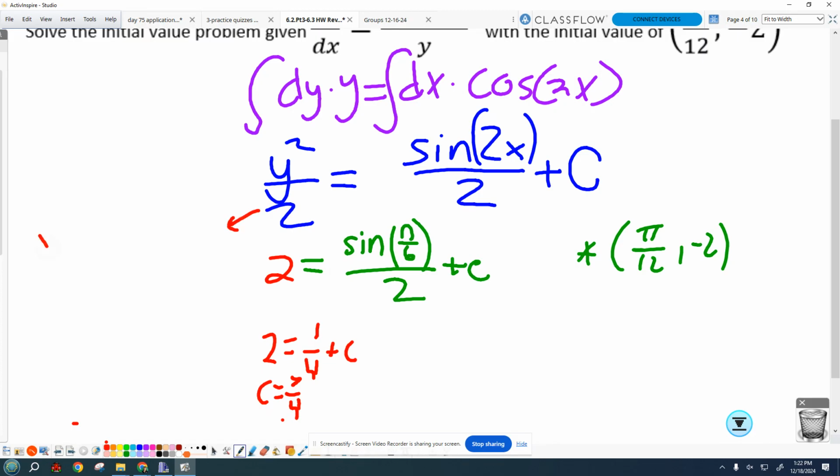Here, if I just randomly multiply everybody by 2, and I am not going to multiply C because I don't have to yet, but if I plug in that coordinate now, negative 2 squared equals sine of pi over 6. You shouldn't square root the y, because that'll be like a plus or minus.